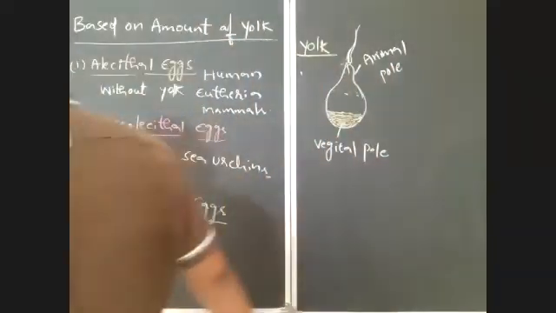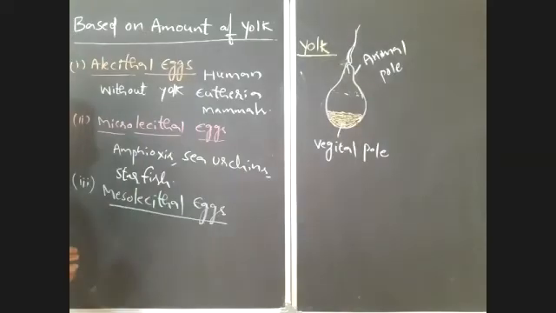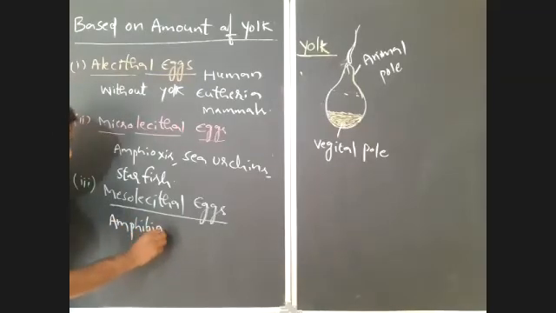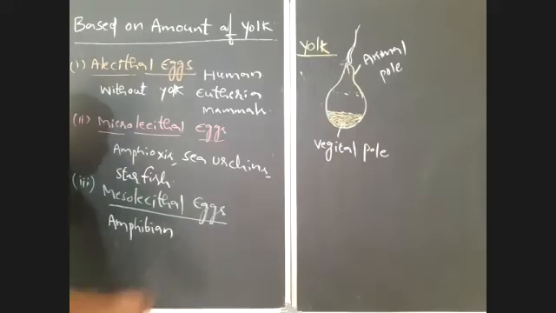Next, what are the examples of the mesolecithal egg? This type of egg we can notice in amphibians. For example, in a frog, which type of eggs are there? Those are mesolecithal eggs.